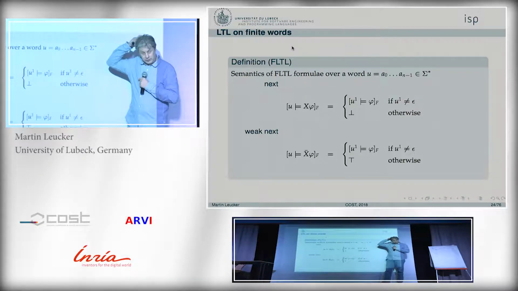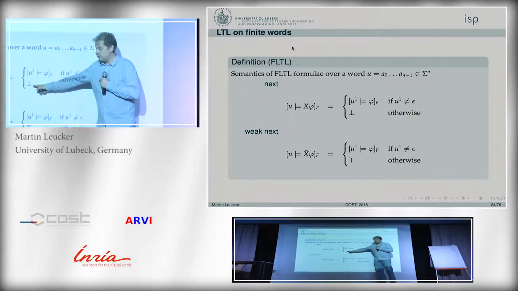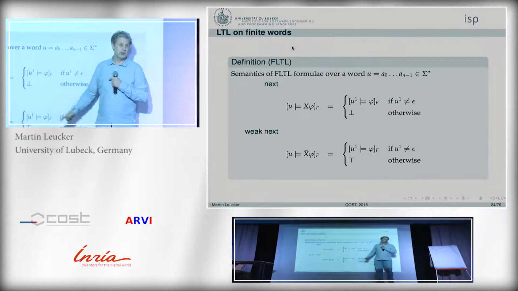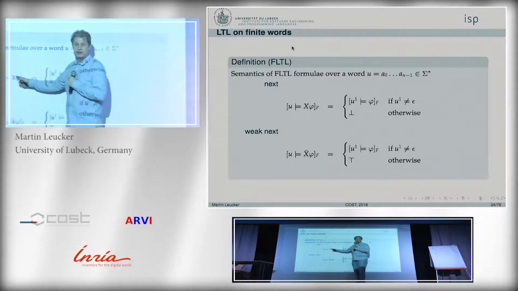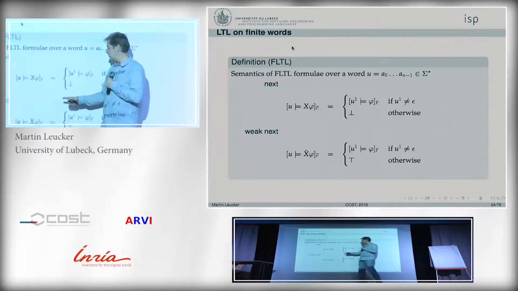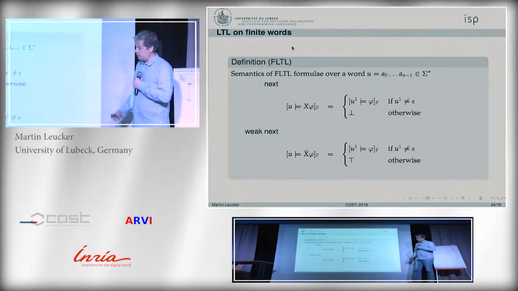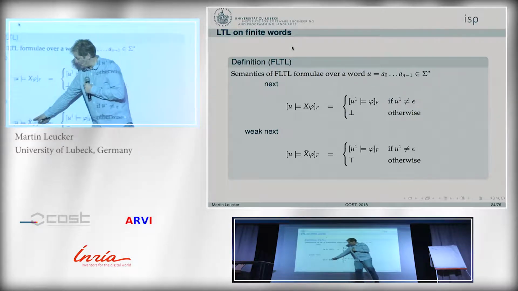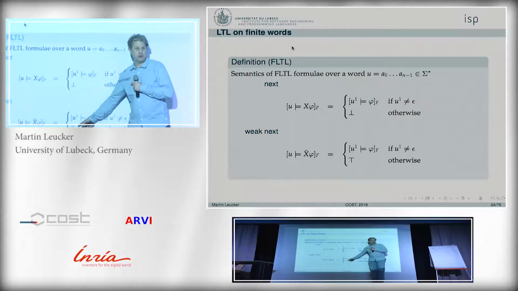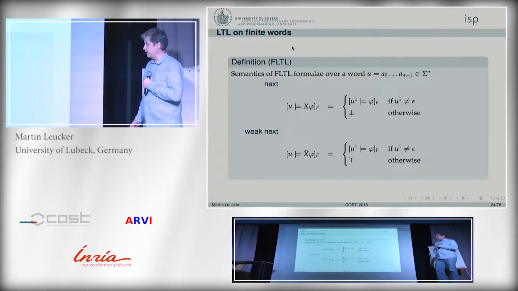What we follow here is the definition by Corneli and Manner. At the end of the word, if there is no further position, we have lost. So we understand the next like an exists operator: there exists a next position on which phi should hold. If there is no further position, we have lost. To have the dual interpretation as well, we have the weak next operator, which is next bar, and there it's the opposite. At the end, it's fine.